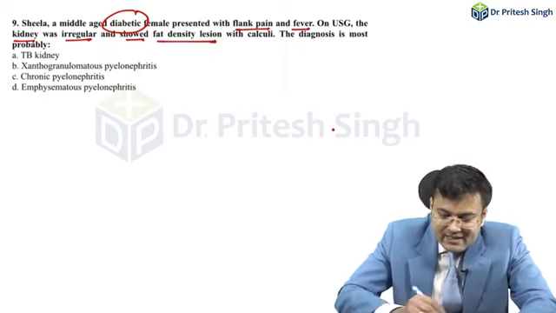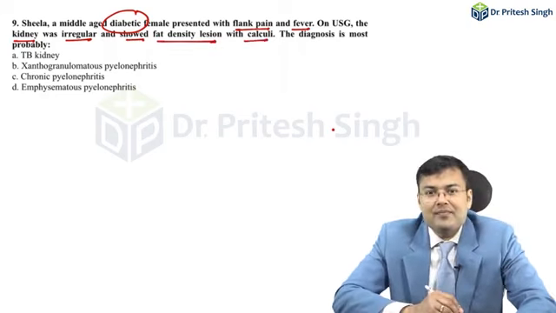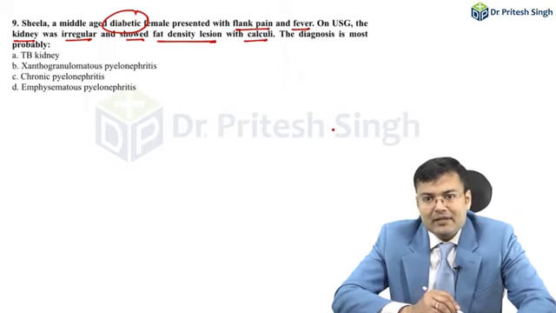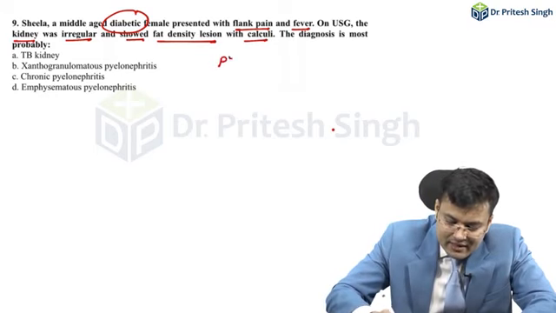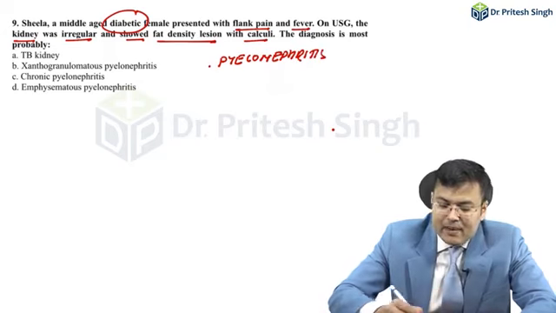Showed fat density lesion with calculi. There is fat density lesion with calculi. What is the diagnosis? It means this patient is having pyelonephritis. What kind of pyelonephritis?